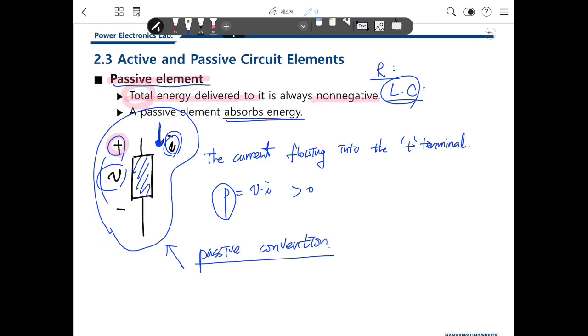In the passive convention, P positive means power is absorbed, and P negative means power is supplied. This is an important point here.